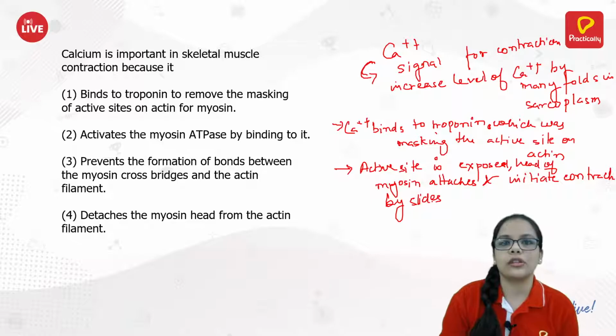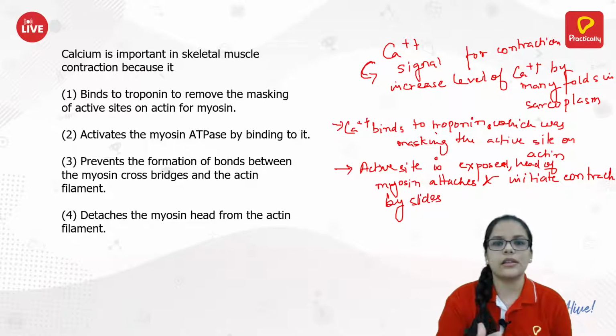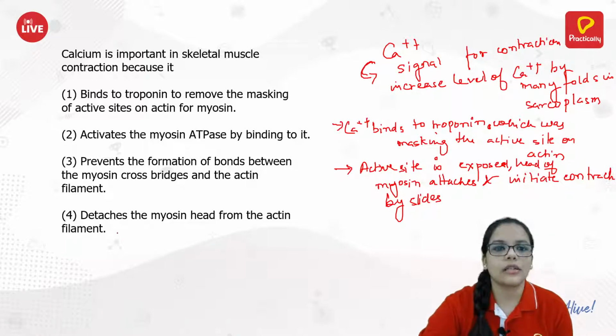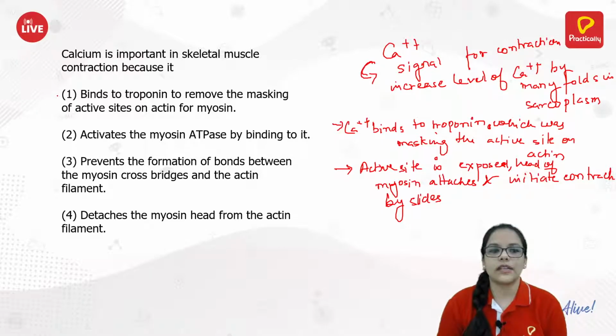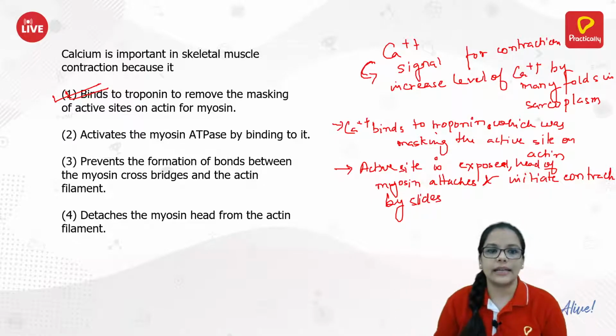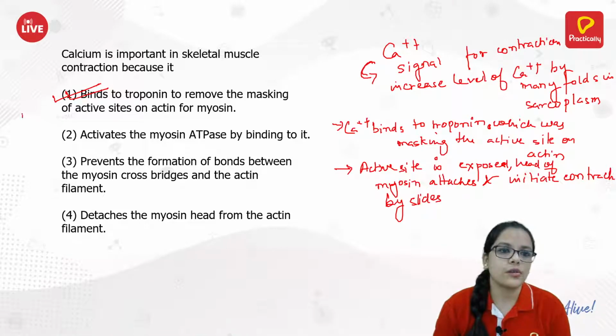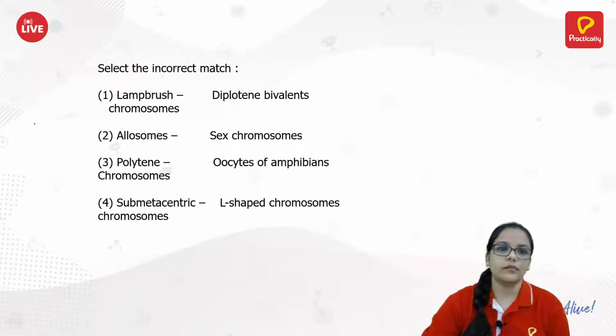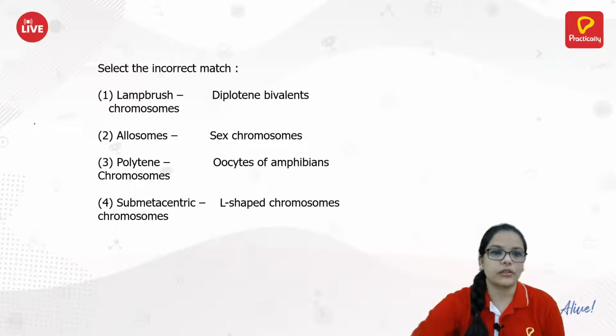It has attached to the active site and then it starts sliding. So the answer is: binds to troponin, removes the masking of active sites on actin for myosin. Myosin and actin attach and then there is the sliding. So the answer is 1. That is a very important question, by the way.